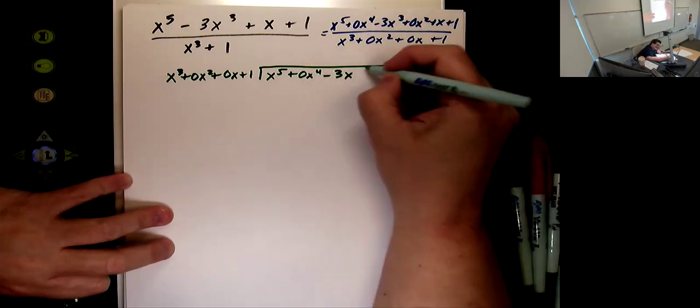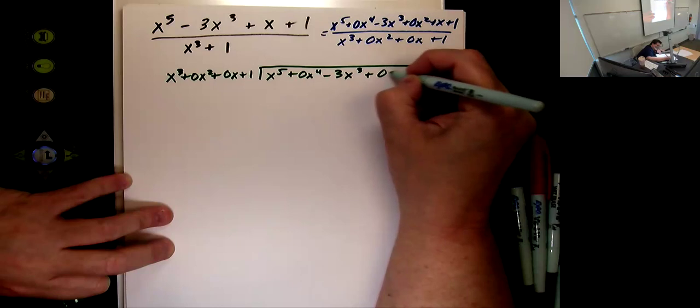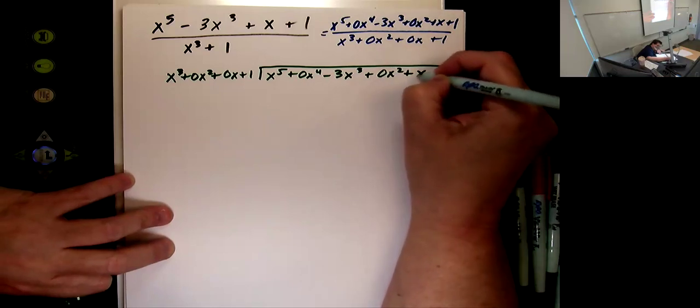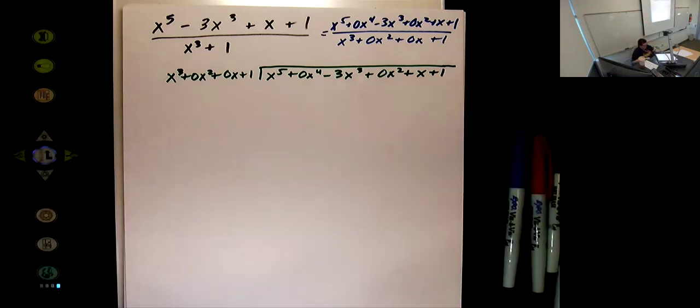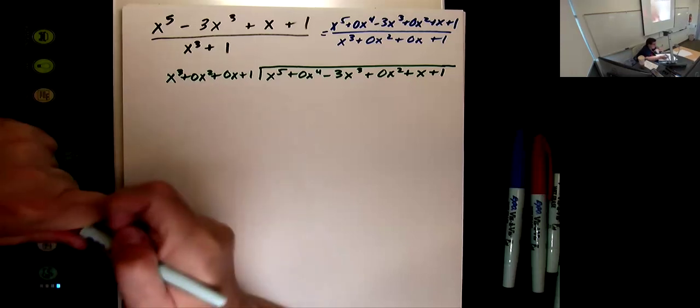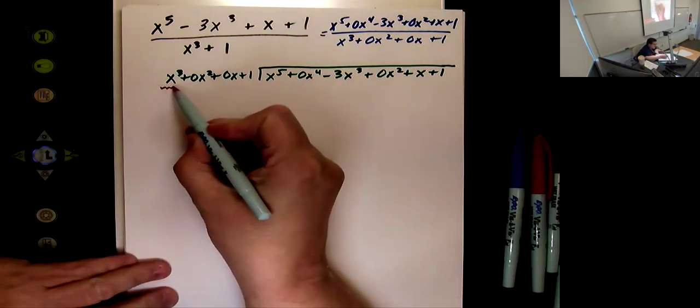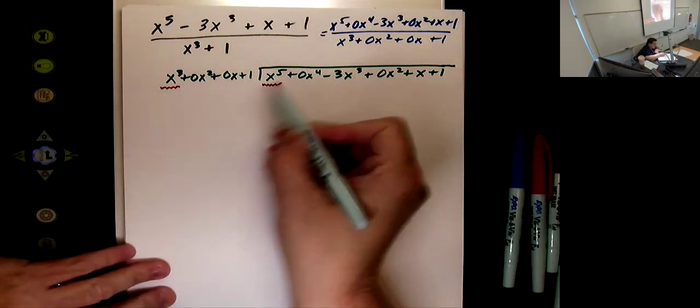Because if you don't have those zeros in there on the inside, and you try to do this long division, you start having things that aren't aligned vertically. You want x squareds under x squareds. Now, thankfully, even though this looks like murder, the process hasn't changed. I'm dividing this into this.